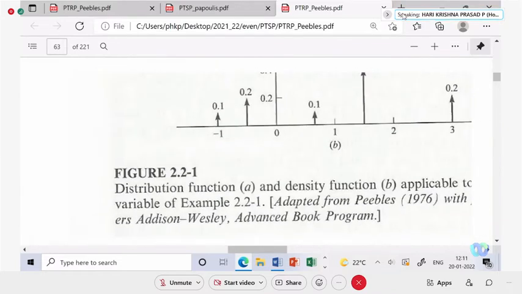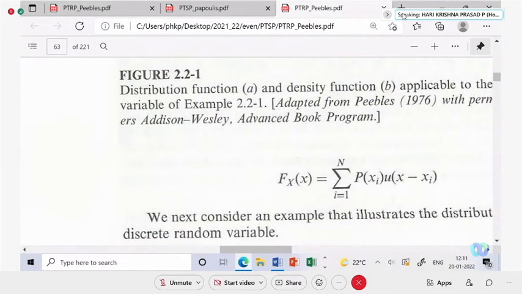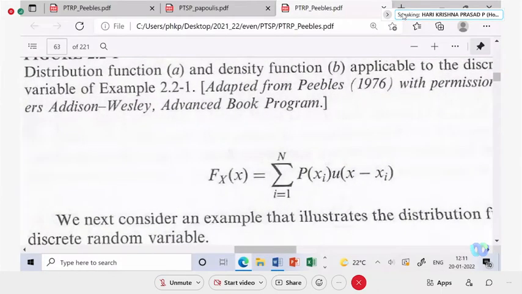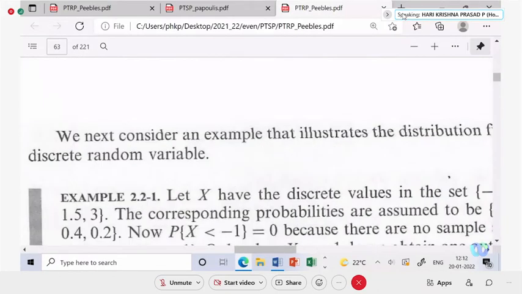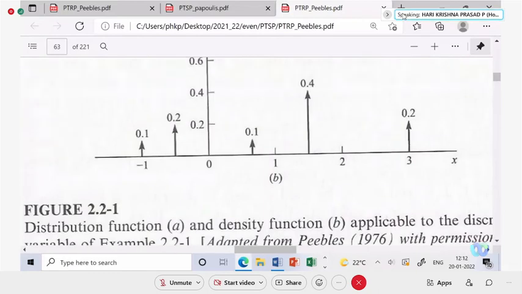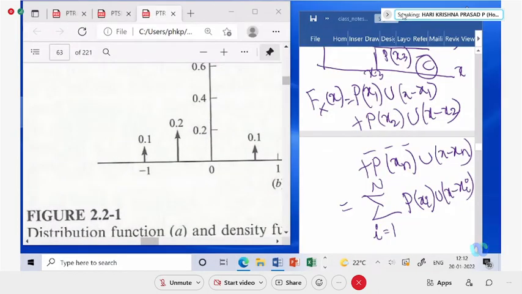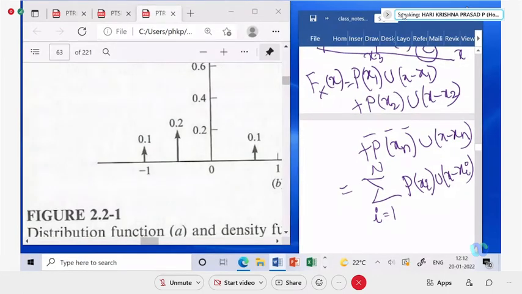It is written mathematically like this. Distribution function like this. Now the density function, let me write it down. I think in the textbook somewhere that is given. The density function is the derivative of the distribution function.